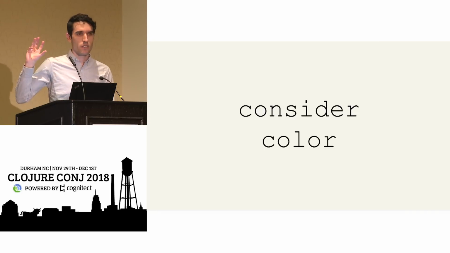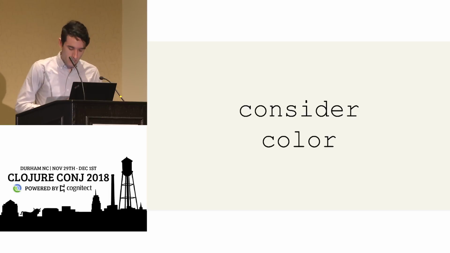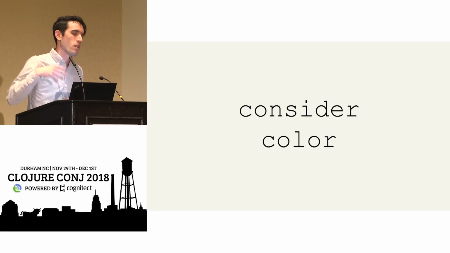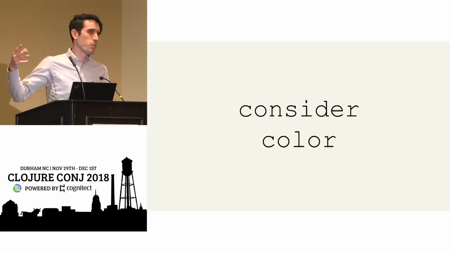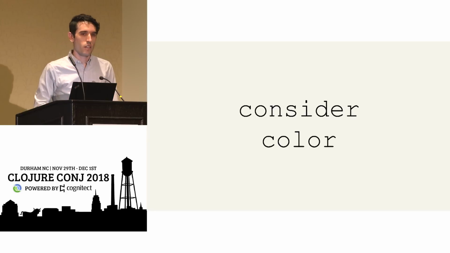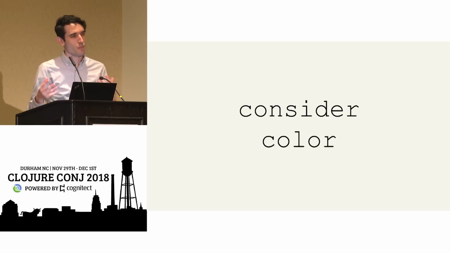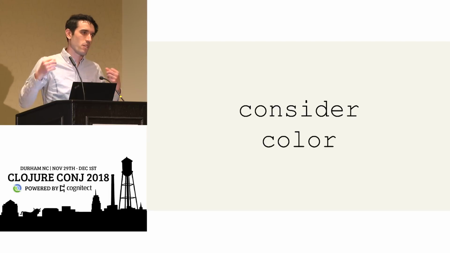Color is a three-dimensional space, pretty straightforward. But as you dig into it, you realize it turns out color is extremely relative. Any one color is affected by all the colors that surround it, and it's affected by the proximity of those colors, and it's affected by the size of them.